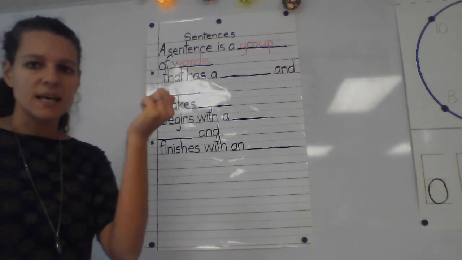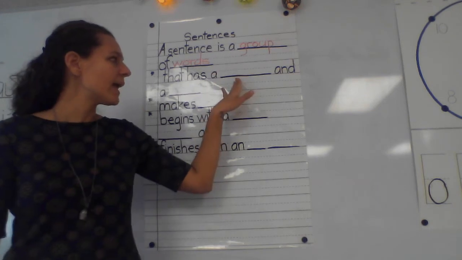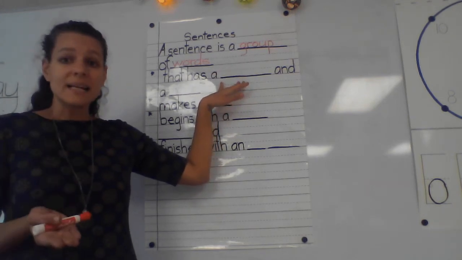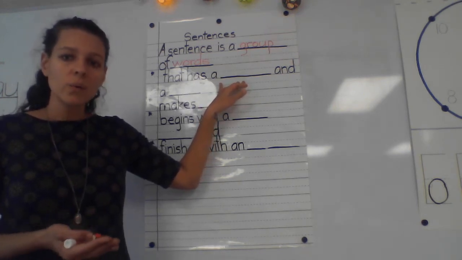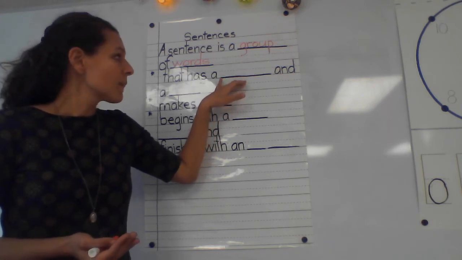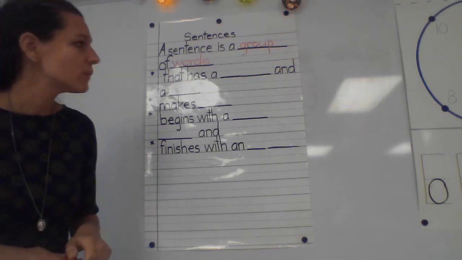So a sentence is a group of words that has, let's see, the first thing we need is the sentence has to be about something. What do we call who or what the sentence is about? If you said subject, you are absolutely right.